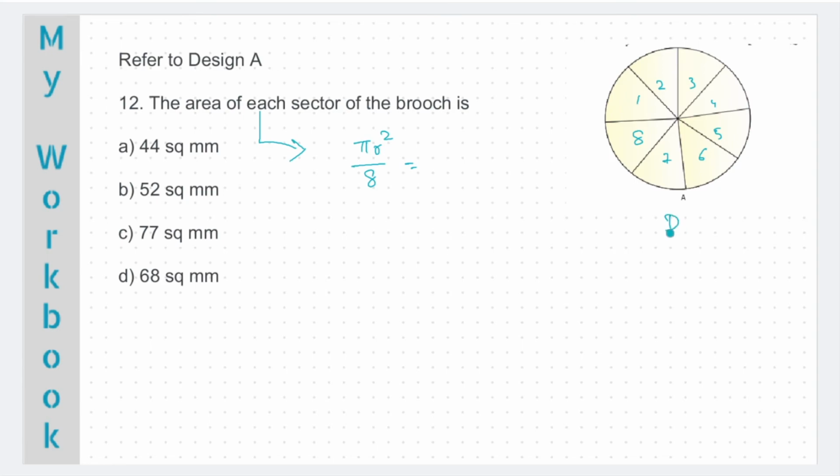So diameter was given as 28 millimeter. So radius will be half of it, 14 millimeter. Pi into 14 square by 8. 22 by 7 into 14 into 14 divided by 8.